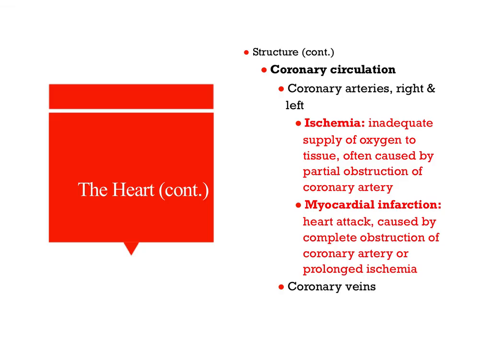All right. So let's talk about the heart itself. So the heart, I told you, has its own intelligence. It's like its own brain, right? So the heart, you need to know, gets its blood supply through coronary circulation.